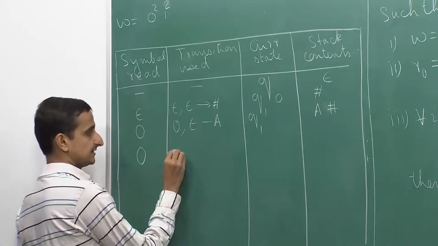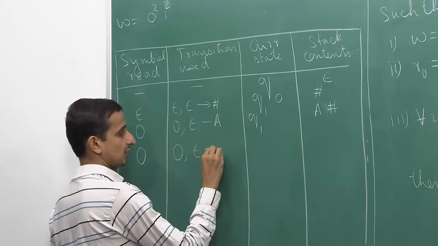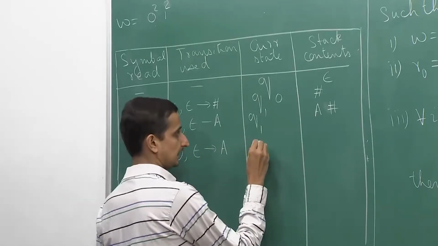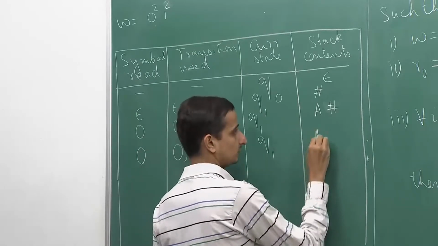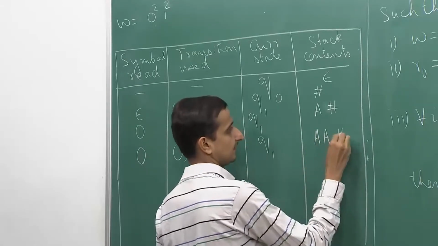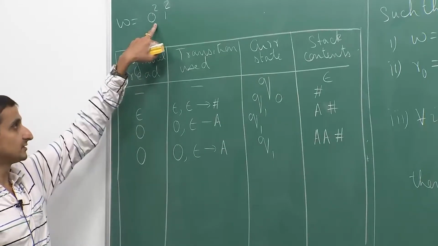It reads the next 0, uses the same transition epsilon going to A, stays at the state Q1, and now the stack has A A hash. Okay. Now, the zeros are exhausted.